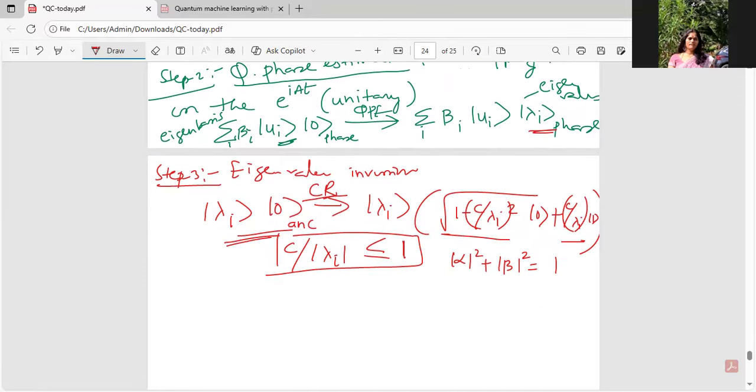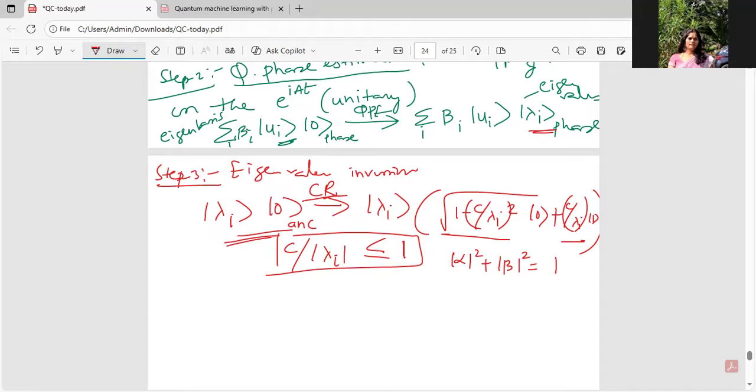That condition also is satisfied because it is in superposition state. For superposition state, that condition is all the time valid, right? Once I performed controlled rotation, guys, this rotation generates 1 by lambda I in the ancilla amplitude.